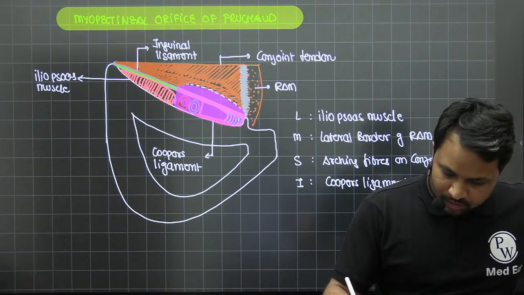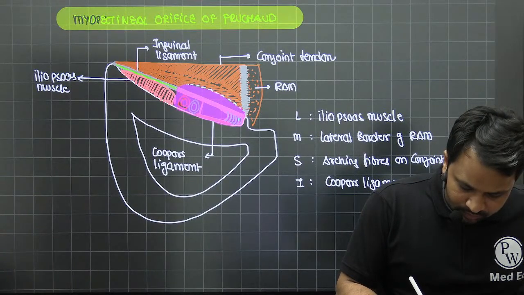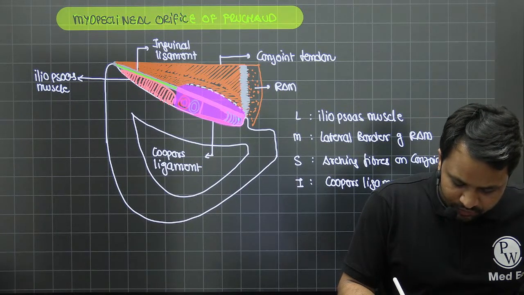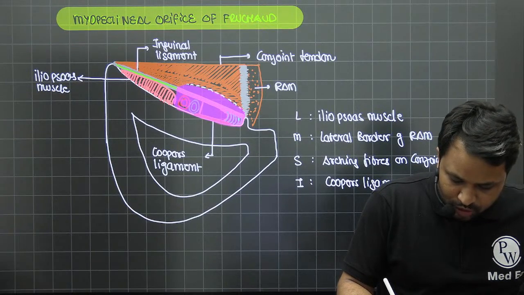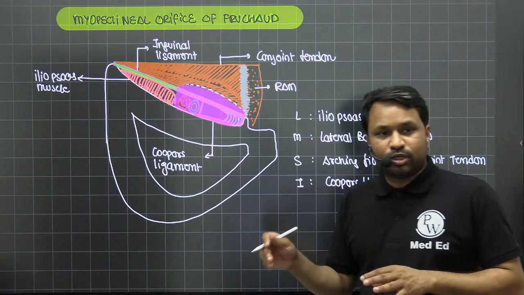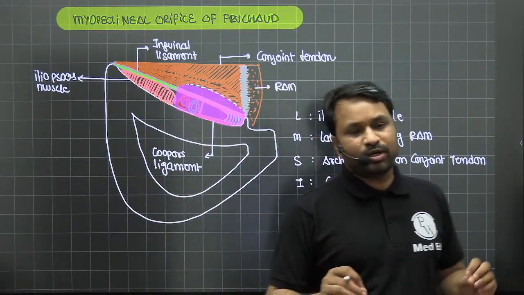So when we talk about the myopectineal orifice of Fruchaud, when you put the mesh across here, you are going to cover three important sites of hernia.